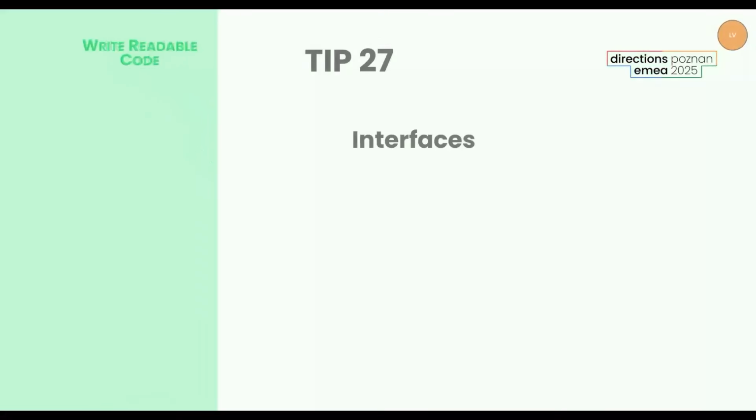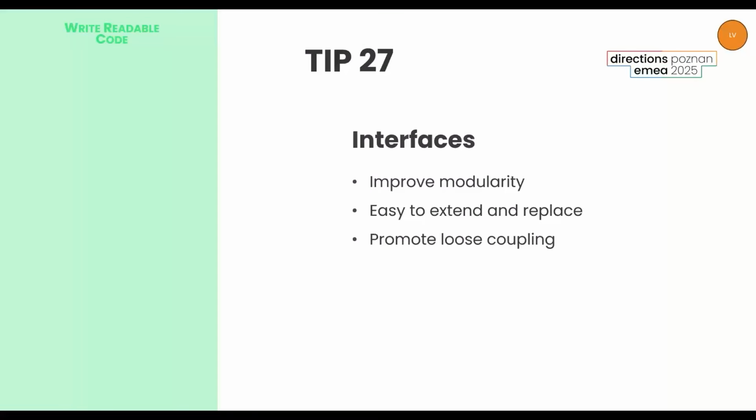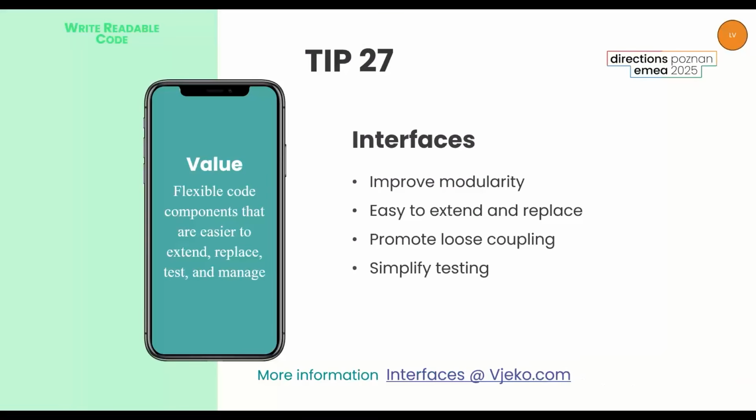The next, write readable code. The previous one was more about performance, but often these two have some link to each other. Interfaces. An object type, which is actually a real object, interfaces, which allows you to build modularly.